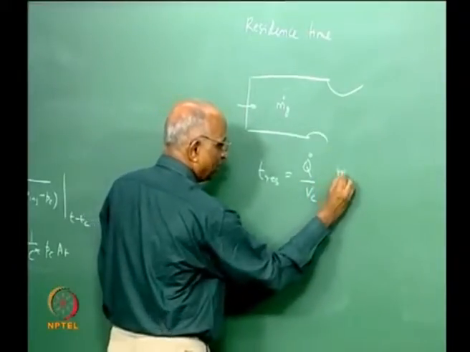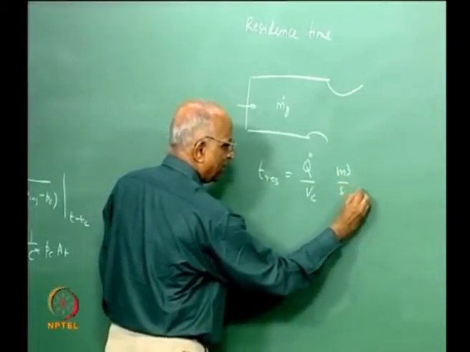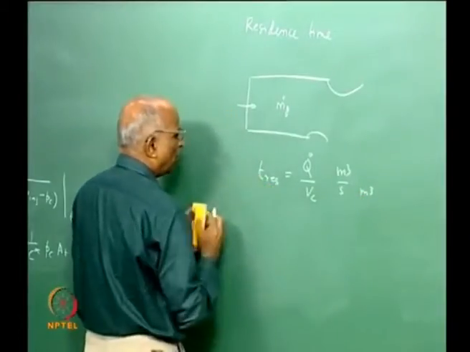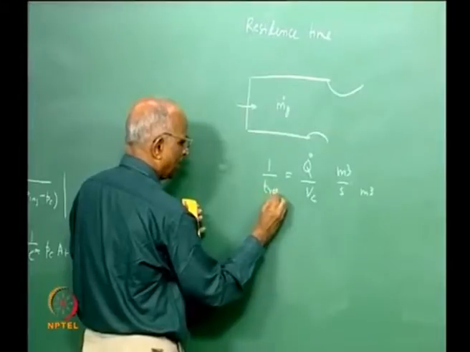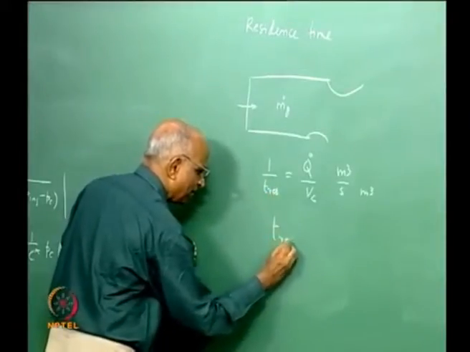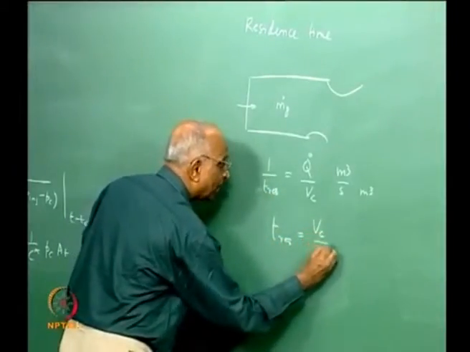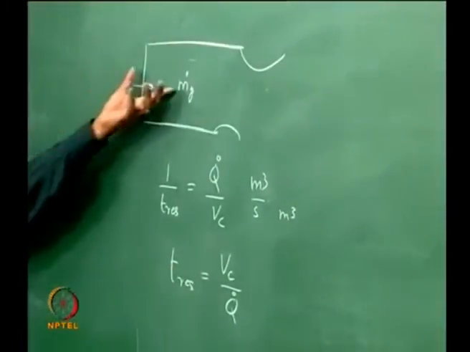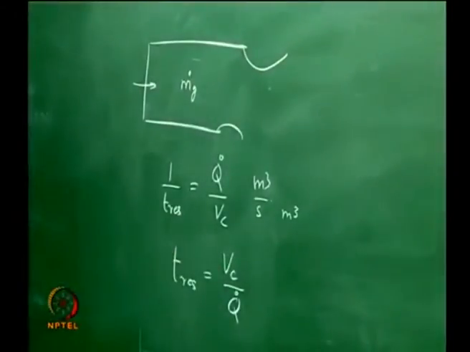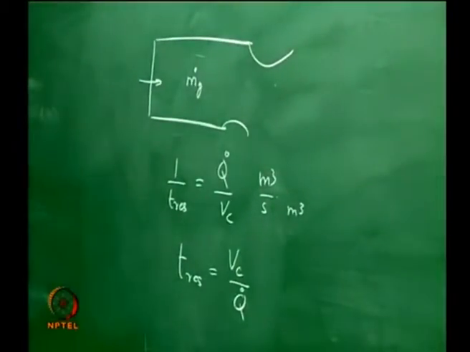If I now put it down, it is meter cube by second divided by meter cube. No, it must be 1 over T residence, right? Or rather, I now write T residence is equal to Vc by Q dot, the volume of the chamber divided by the rate at which mass is getting generated, which is the time the gases spend in the chamber.